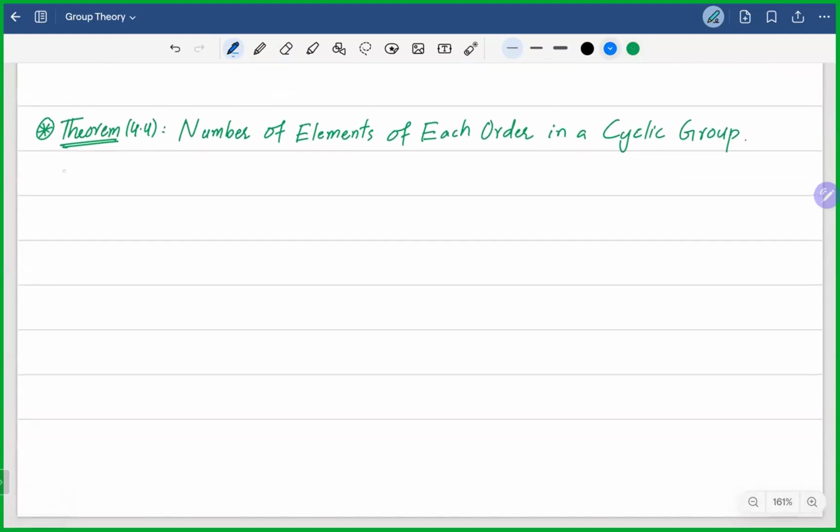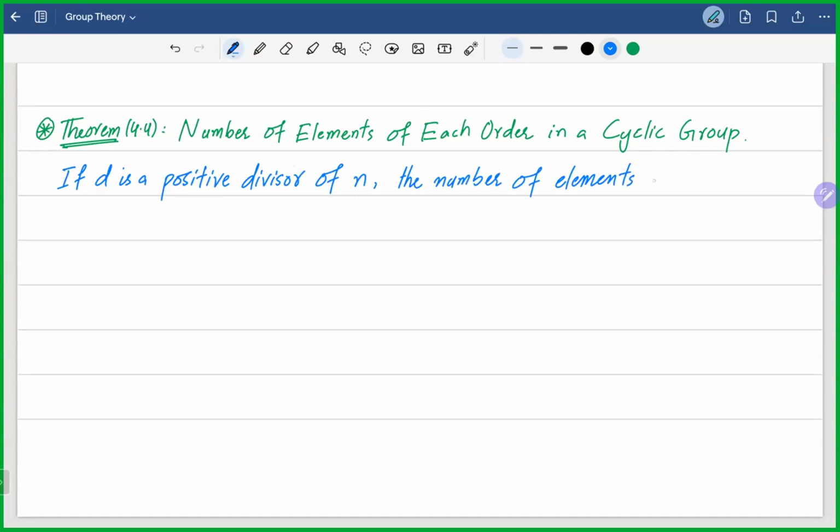And that you can get by a statement which says, if d is a positive divisor of n, the number of elements of order d in a cyclic group of order n is nothing but phi of d.